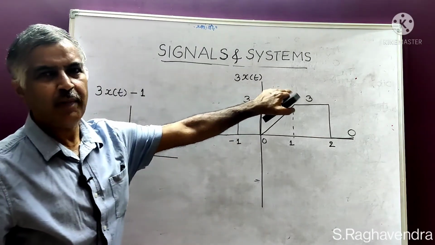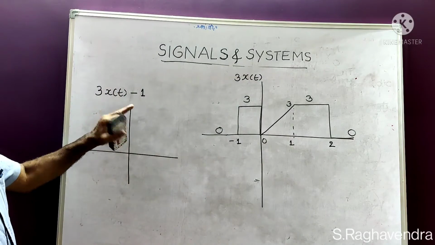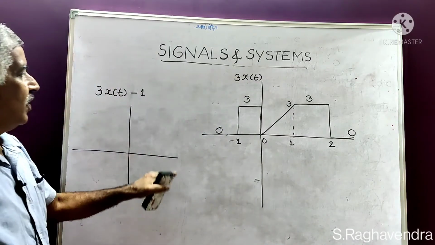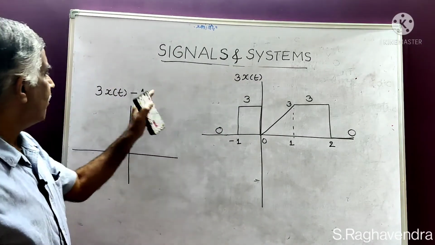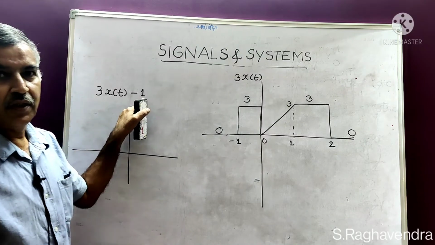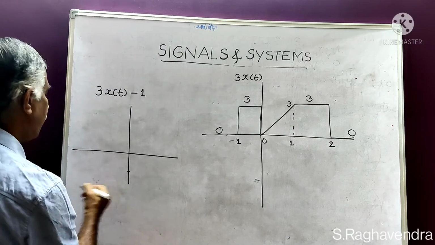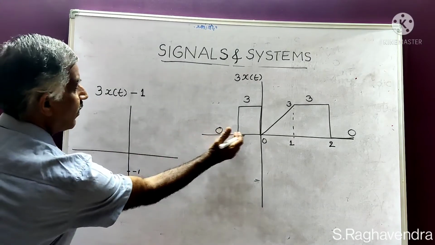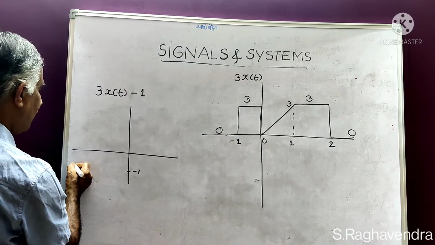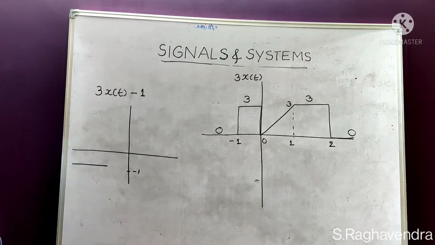So 3x(t) is available for me, so I need not sketch 3x(t) again. So here 0. From this you have to subtract 1. That means 0 minus 1, that is minus 1. Therefore before 0, the value will be at minus 1.